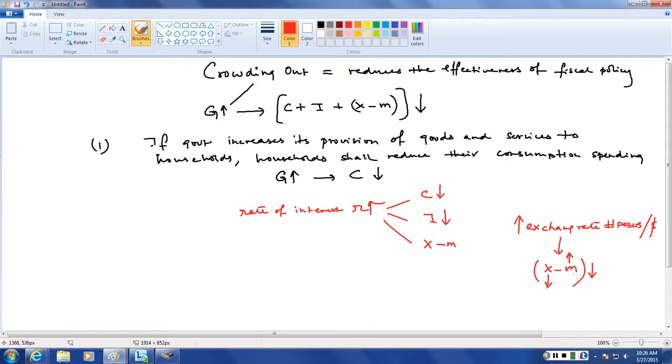Now, is there a connection between the rate of interest and the exchange rate? And again, here we say, yes, there is. I'll tell you how this works. If the US interest rate rises, the following is likely to happen.